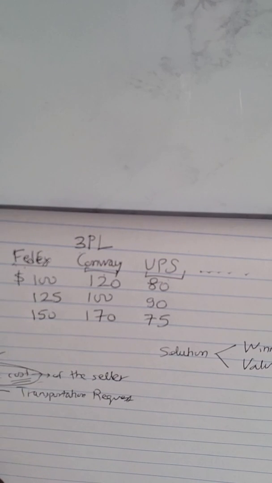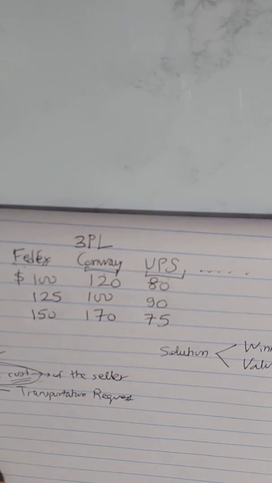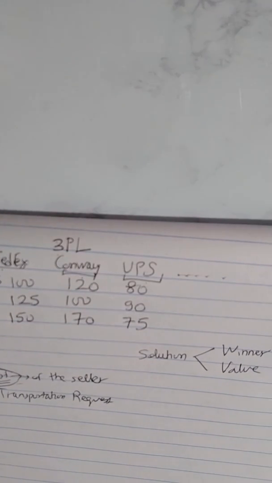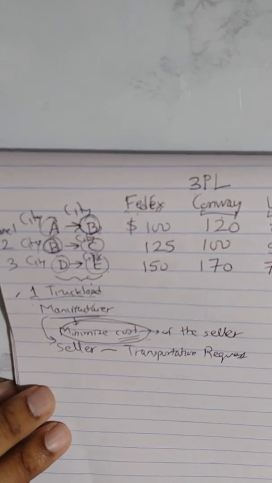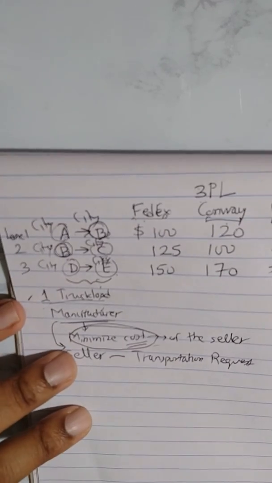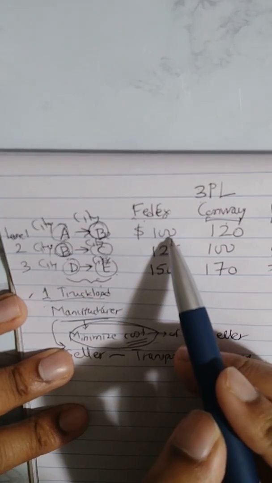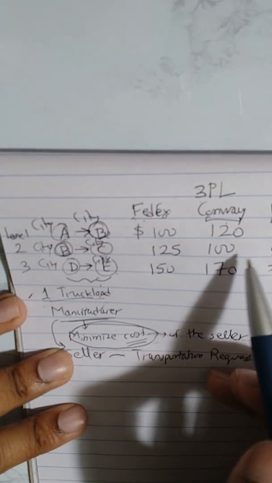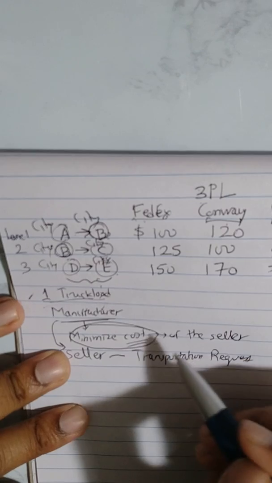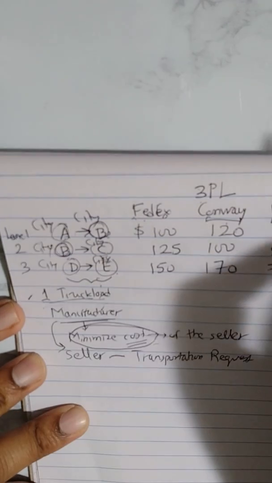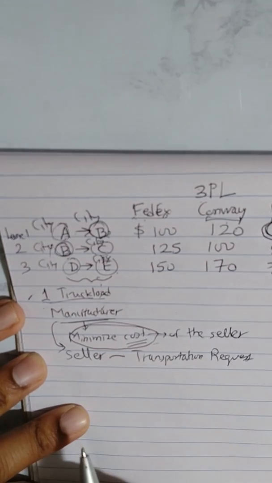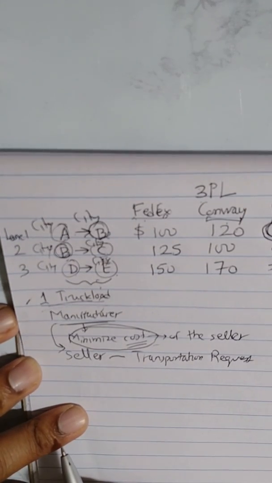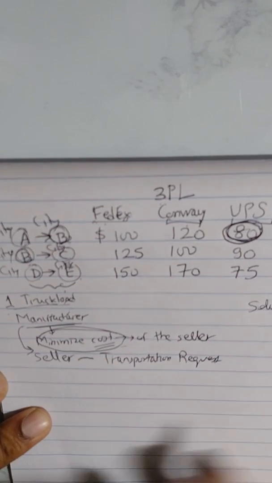Okay, so who is the winner of the auction, and what is the overall value of the auction to the seller? So let's go back to this example. Okay, who is the winner of lane 1? Again, minimize the cost of the seller. The winner of lane 1 will be UPS. That's the lowest bid in lane 1.